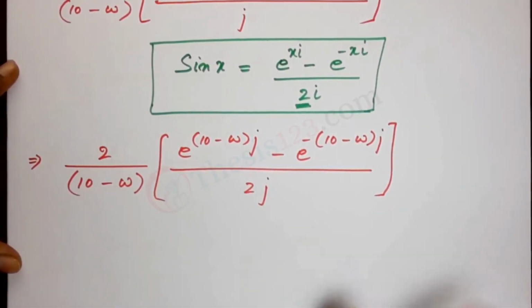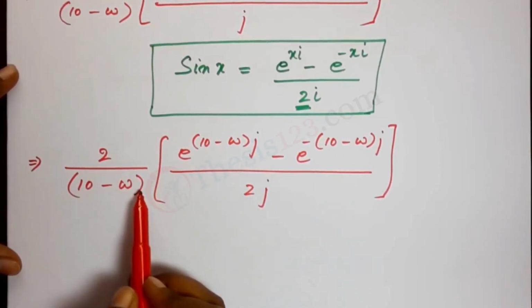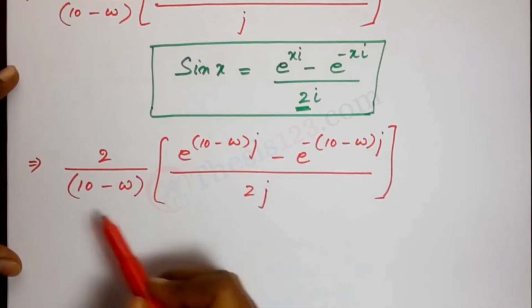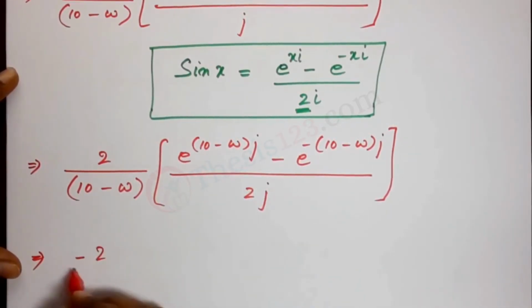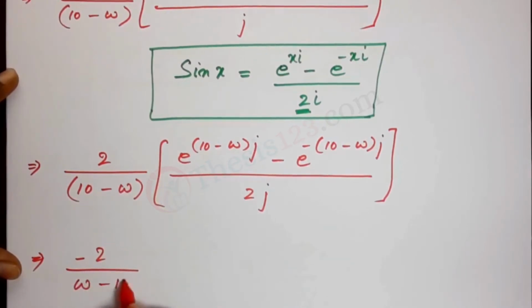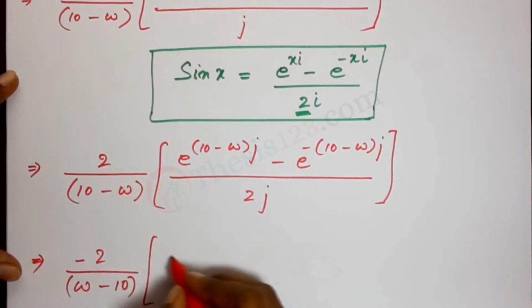So in the options, we have the answer written in terms of omega minus 10. So let's see how we can flip the entire thing. Now if we do this, we would have minus 2 divided by omega minus 10. Okay. We're taking the negative out.